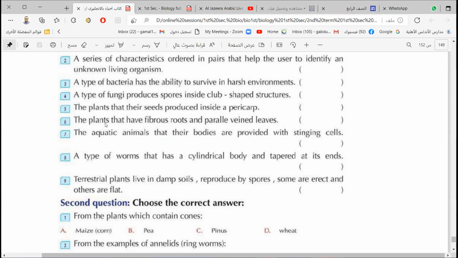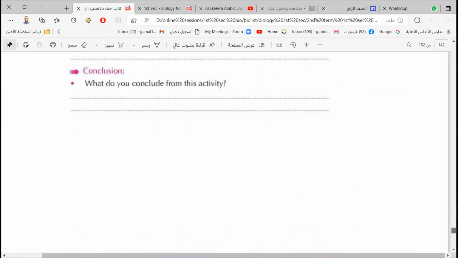Both of them are angiosperms, both of them flowering plants, but the one which has parallel veined leaves and fibrous roots, like onion, like wheat plant, like maize or corn plants. Now, is it Monocotyledon or Dicotyledon? Monocotyledon. Yeah, of course, Monocotyledon is correct.